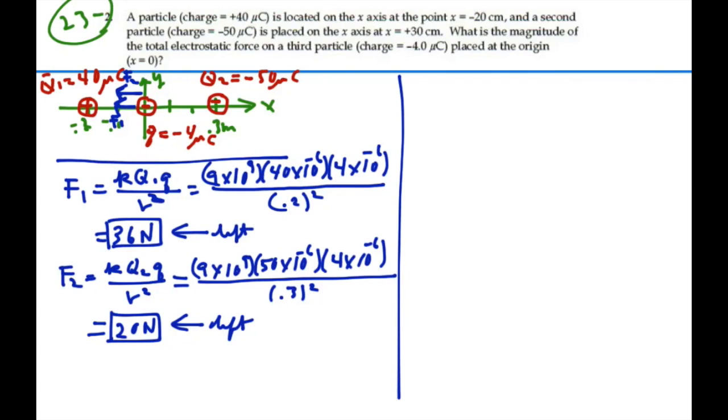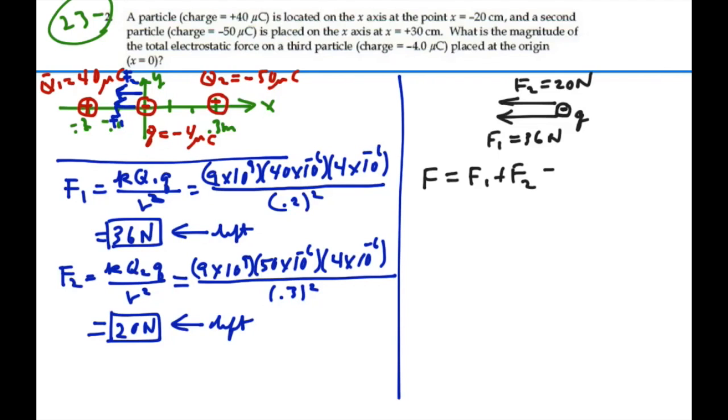So we have this negative charge, little q, and we have these two forces. F1 is 36 newtons, F2 is 20 newtons. And so really our net force is going to be F1 plus F2, which will be 56 newtons.